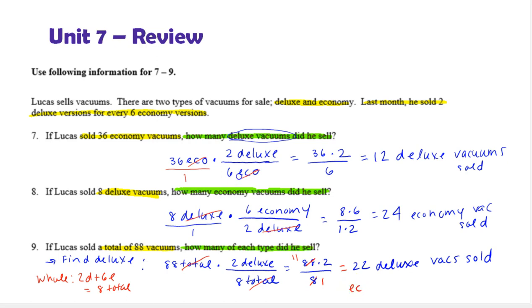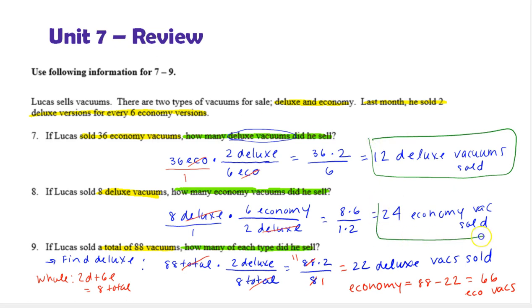So the economy would be the total, 88, minus the deluxe, which would be 66 eco-vacs sold. Okay. So let's just circle our final answers so we have them. So 12 deluxe, 24 economy, 22 deluxe, and 66 economy.